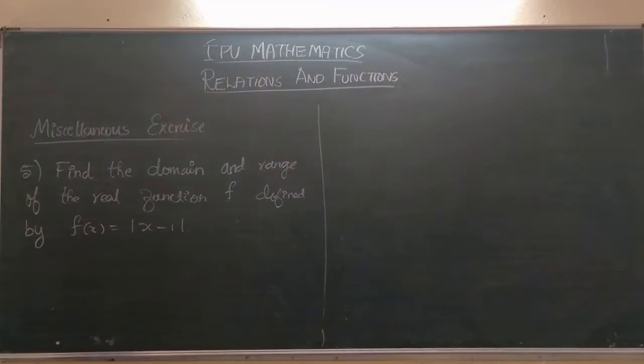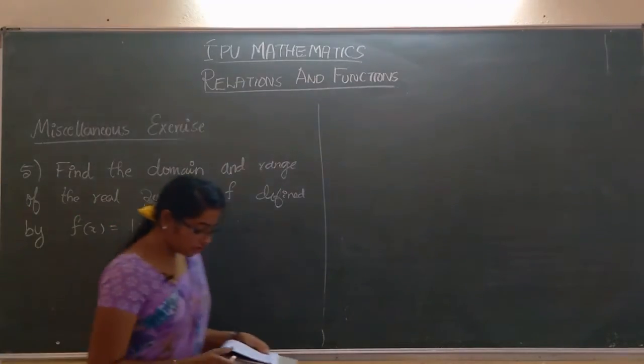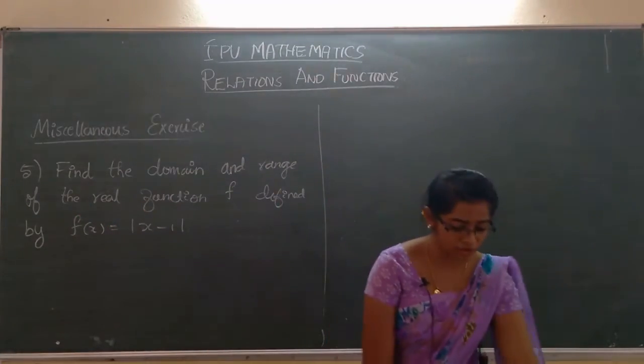The function is defined like this, f of x is equal to modulus of x minus 1, right. What we need to do? We need to find the domain and range of the function.